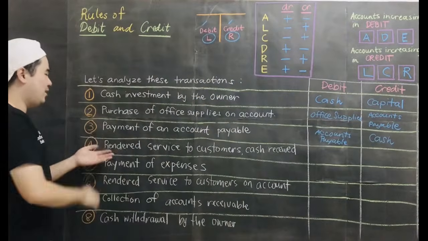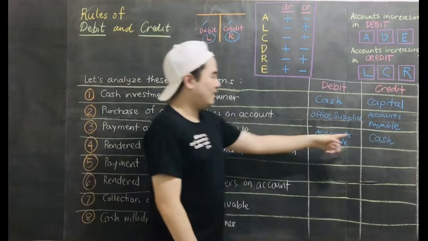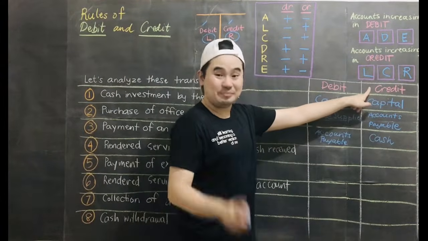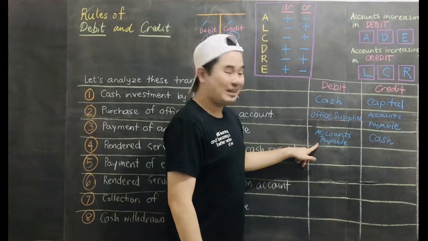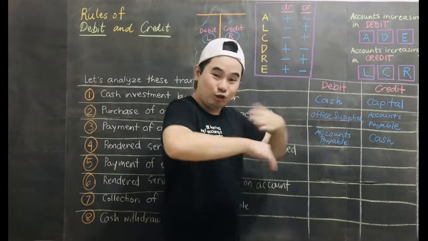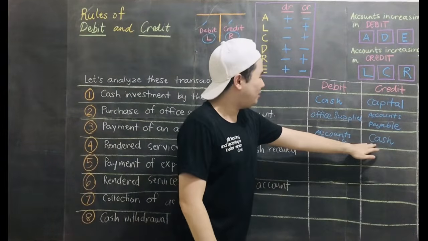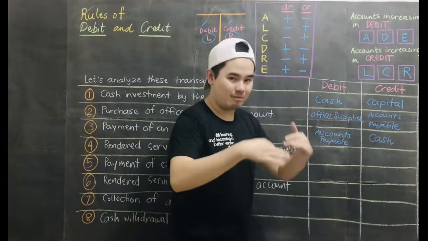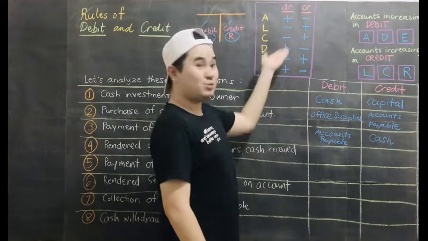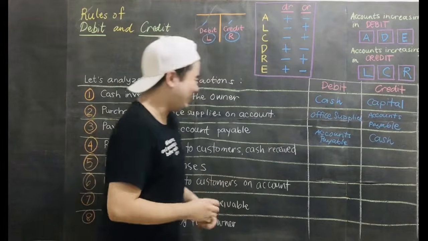Kanina, bumili tayo ng office supplies on account, hindi pa bayad. Nagkaroon ka ng utang na sa credit. Pero tingnan mo, nung mawawalan ka na ng utang, sa nilagay? Sa debit. Parang kinokontra niya na yung effect. Di ba? Okay. Tapos, yung cash naman natin ngayon, ang nasa credit kasi mababawasan na siya. Okay? Sinusunod ko lang to. Wala naman ako ibang ginagawa. Di ba? Madali na. Okay.